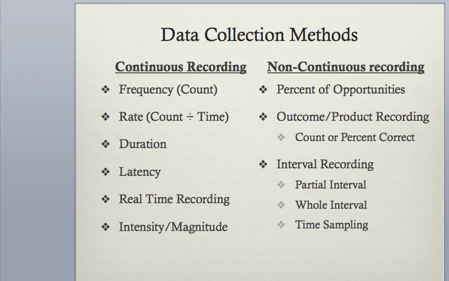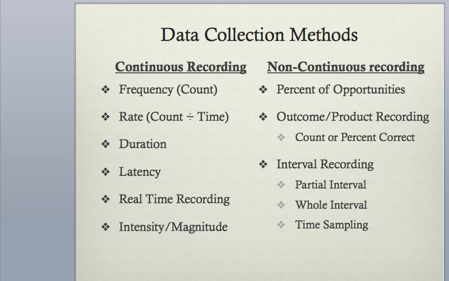We can use real-time recording. You can go in and actually measure the behavior in real time, and you can also measure things like intensity and magnitude. Non-continuous recording, we're going to be looking more at data that tells us a little bit about the behavior and gives us sort of an overview.